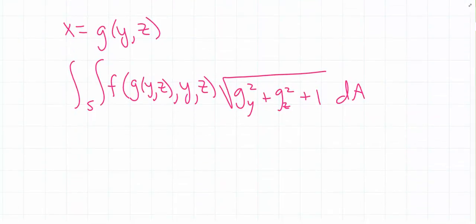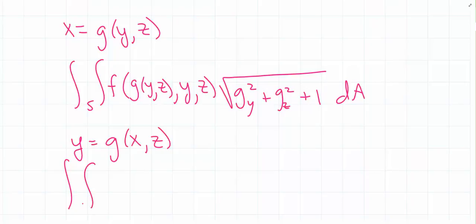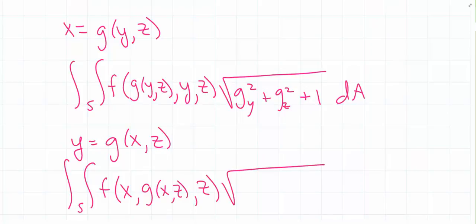Now, finally, let's suppose I have y equals g of xz. Well, then we have f of x, g of xz, and z, and then we have the square root of gx squared plus gz squared plus 1 dA. So those are the different types that we could have. So in other words, the problem is worked the same way. Things just look a little bit different.